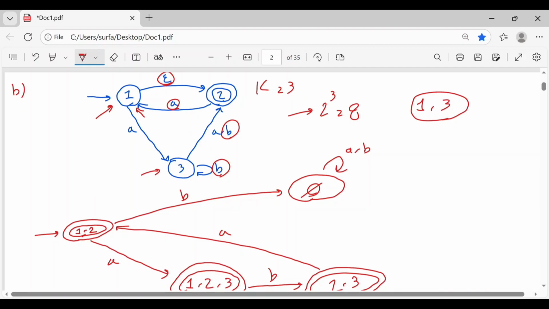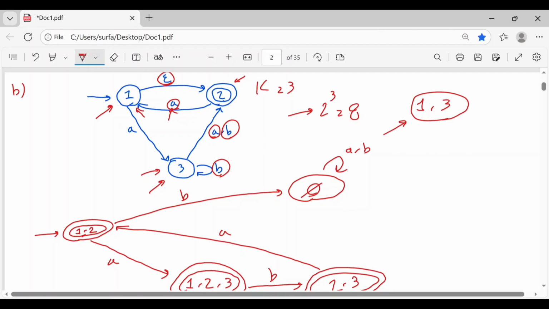And if we are in the state number 3, we can use this transition here and go to the next state that is equal to 2. And if we are in this state that is equal to 2, we can use this transition here and go to the next state that is equal to 1. But notice that there isn't any state that we can use to go to this state here that only contains 1 and 3.